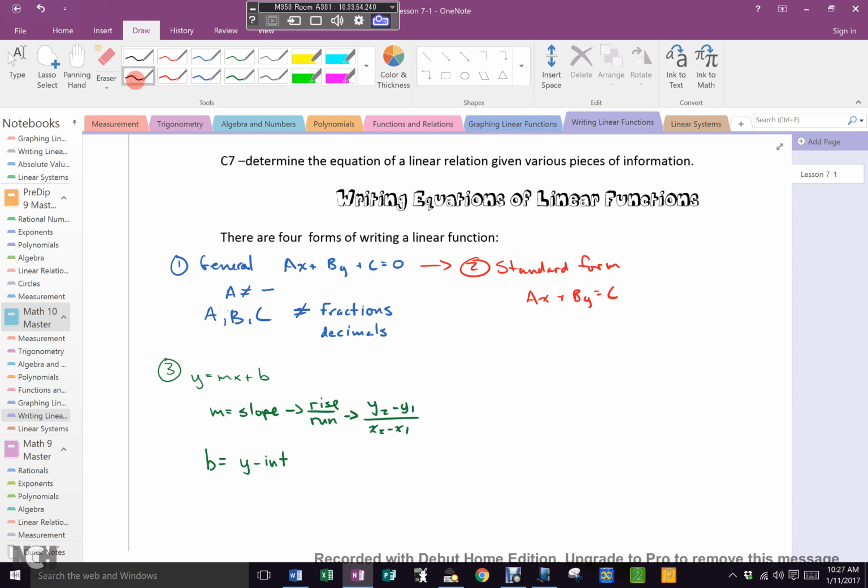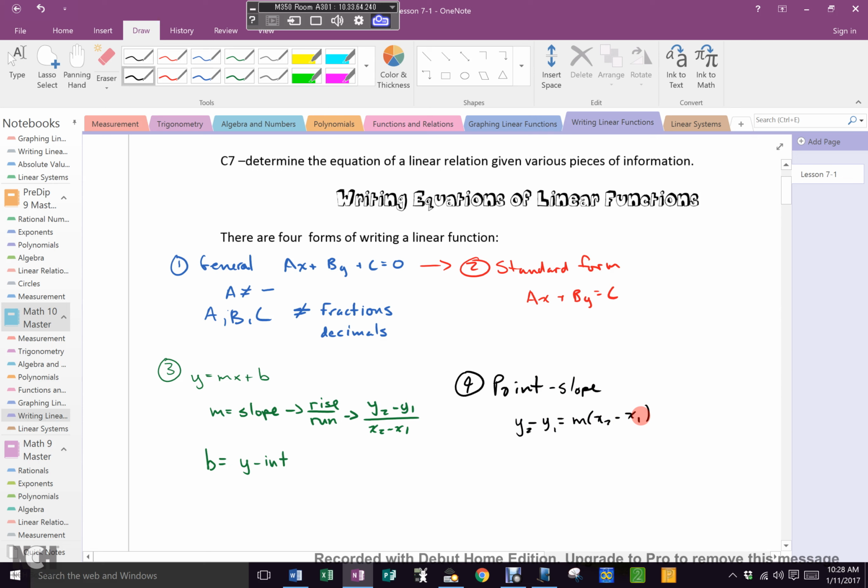And finally, number 4, my personal favorite, because I think it is the most versatile, point slope, which is y2 minus y1 equals m times x2 minus x1.